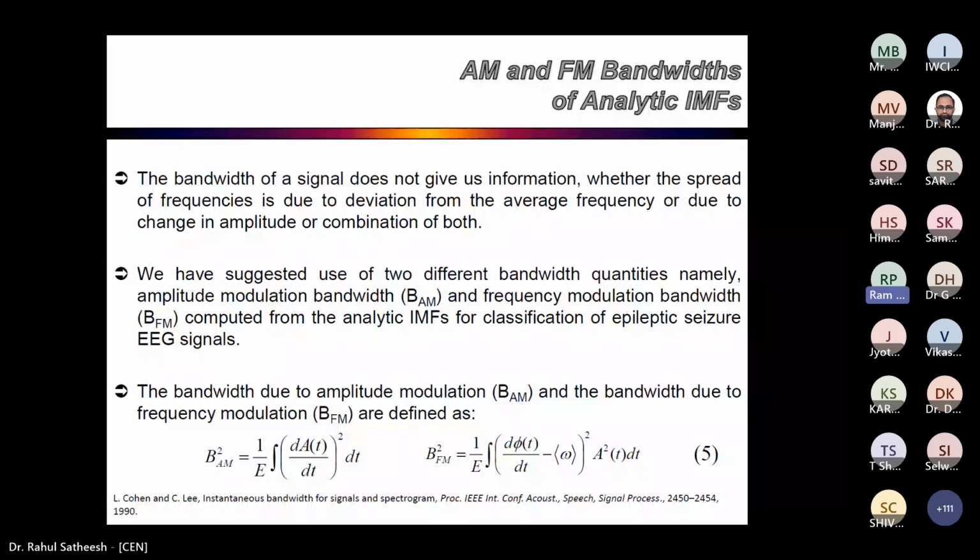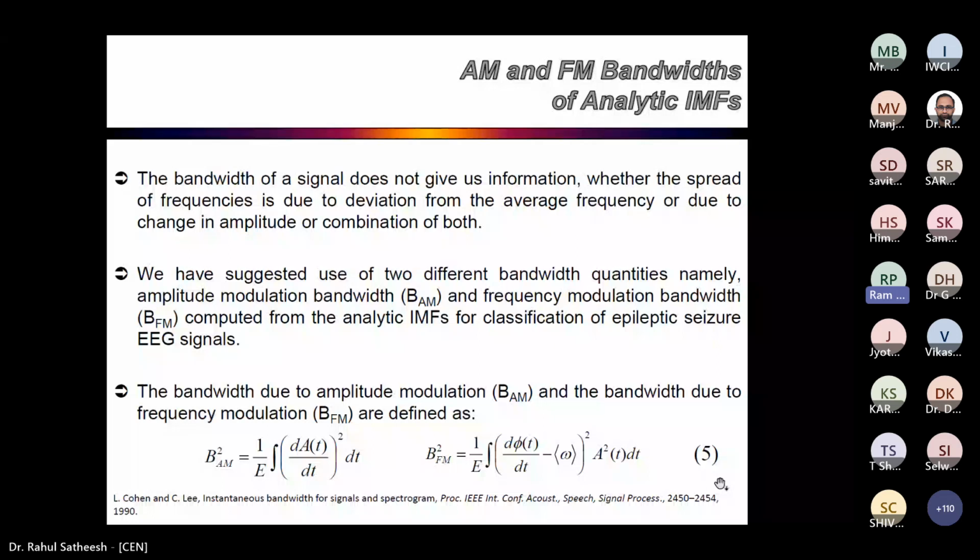Here, the bandwidth is defined from a non-stationary signal representation point of view. The bandwidth depends on two parameters: one is amplitude modulation, the second is frequency modulation. The bandwidth component corresponding to amplitude modulation is known as the amplitude modulation bandwidth, and the one corresponding to frequency modulation is known as the frequency modulation bandwidth.